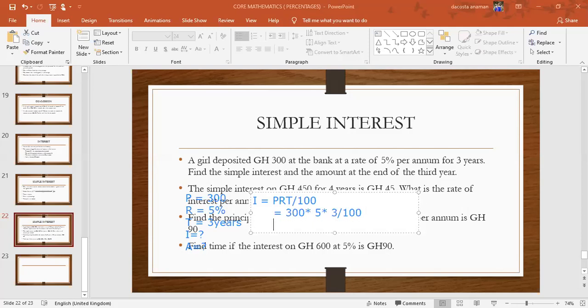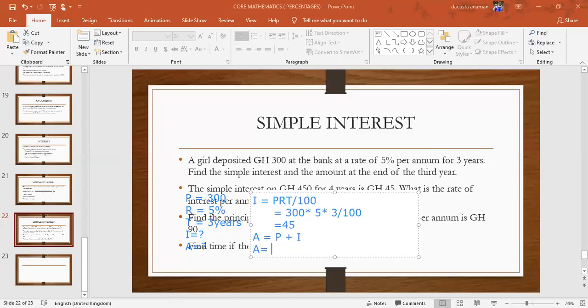You punch everything in your calculator: 300 times 5 times 3 all over 100, and that gives us 45 Ghana cedis. So the interest on 300 cedis at a rate of 5% for 3 years is 45 Ghana cedis.